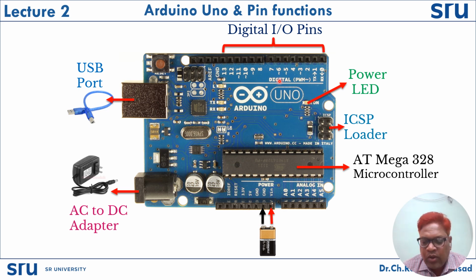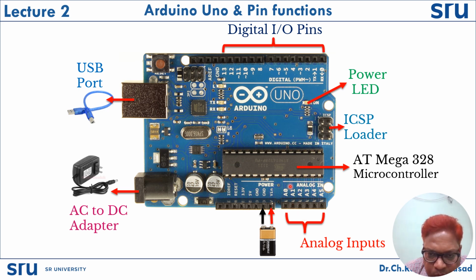Then coming to the analog pins, the analog inputs. The Arduino Uno has 6 analog inputs, numbered from A0 to A5. If you observe here at the bottom, there are 6 pins available: A0, A1, A2, A3, A4, and A5.